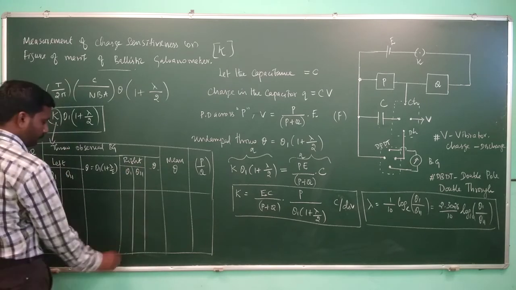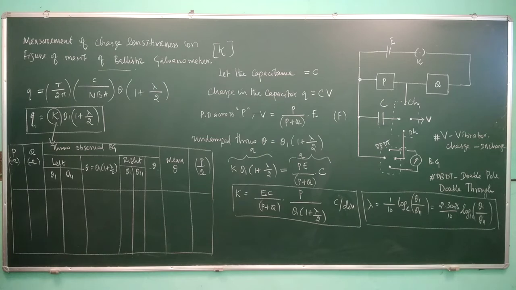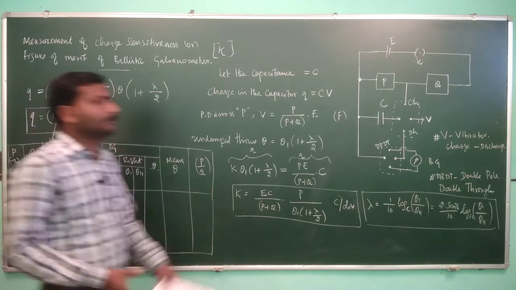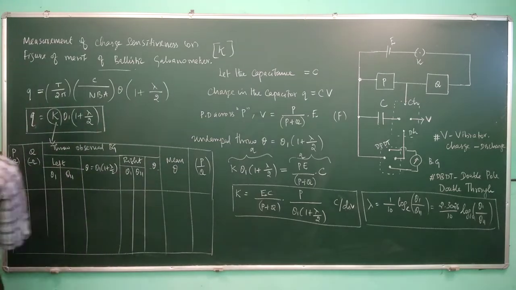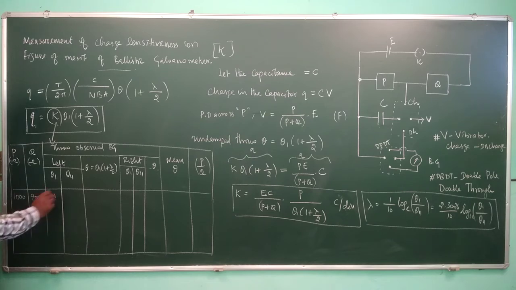Okay, how do we fill this tabulation? First we will set 1000 at P. So 1000 ohms, so that here it will be 9000 ohms, and we will measure the deflection, the maximum throw, the first maximum throw, that is theta 1, say x1.